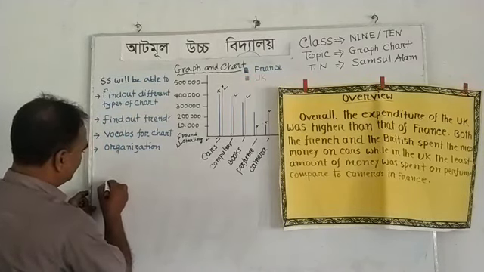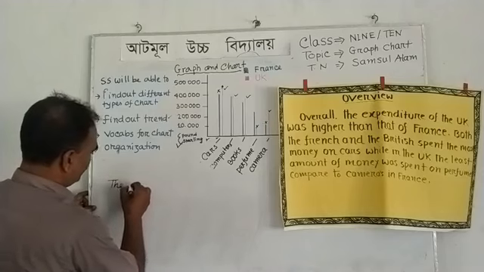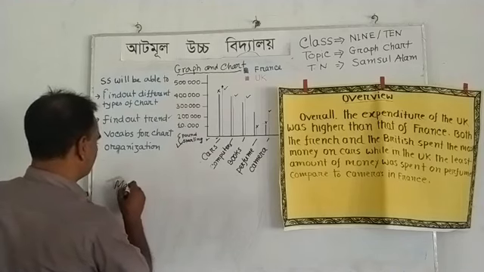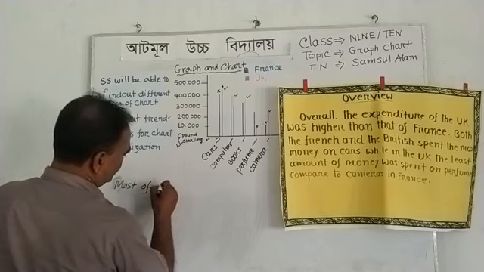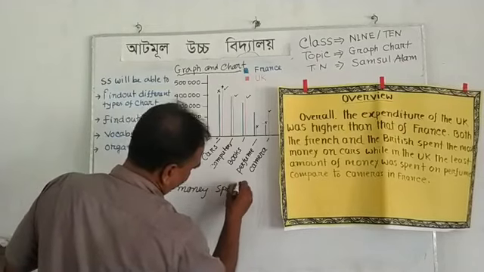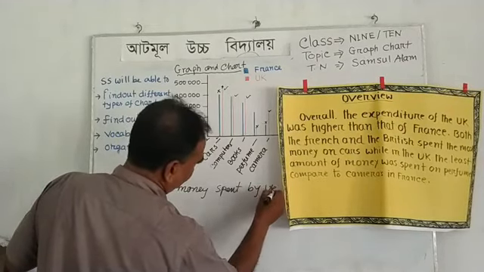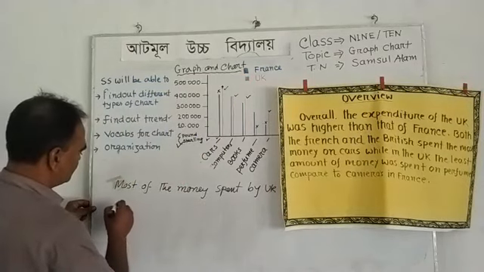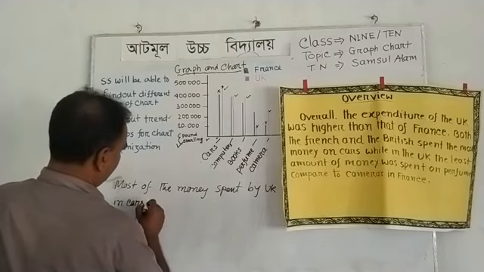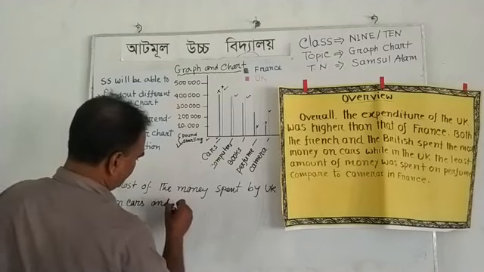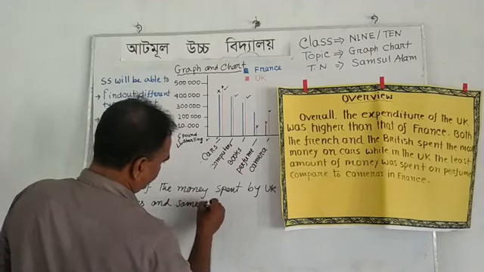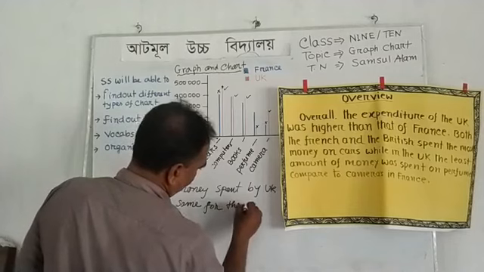So we are going to write body paragraph 1. Most of the money spent by the UK is on cars, and the same for France.